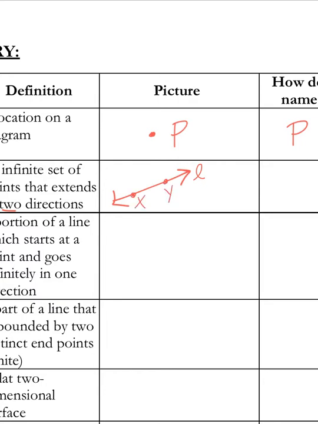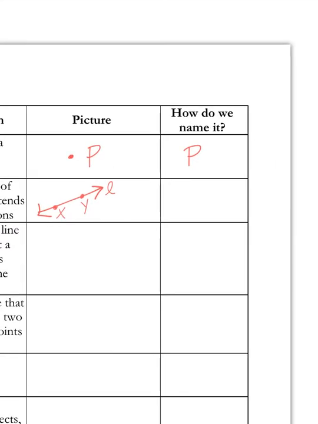So if I have X, Y, you can name it with X, Y with a little line above it with the 2 arrows. You could also name it YX. So it doesn't matter which direction the points are going. Or you can do line L with a cursive lowercase letter.